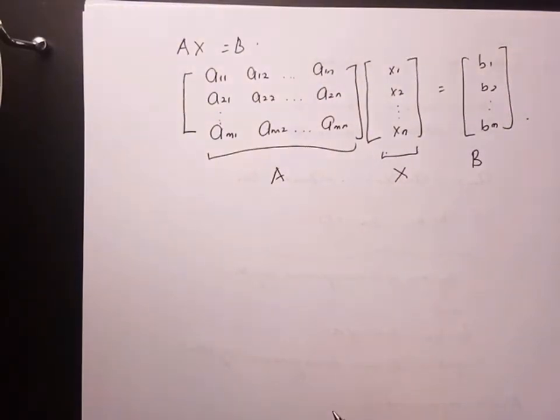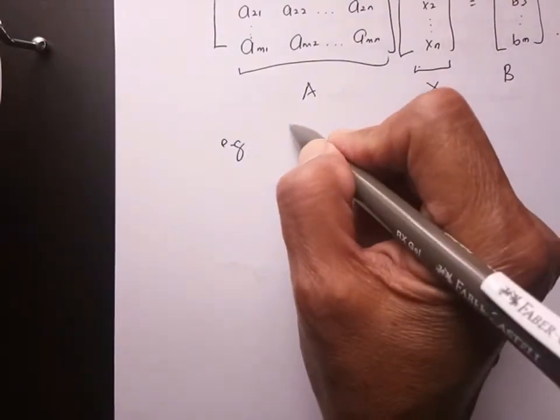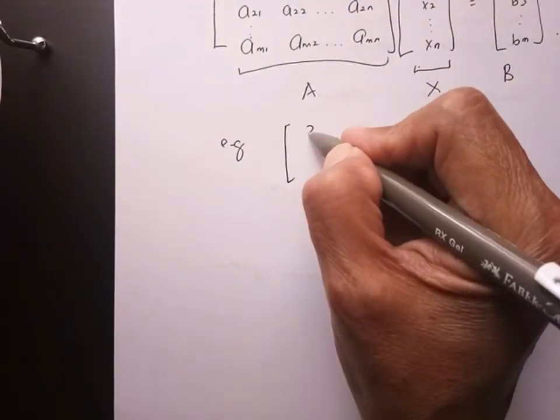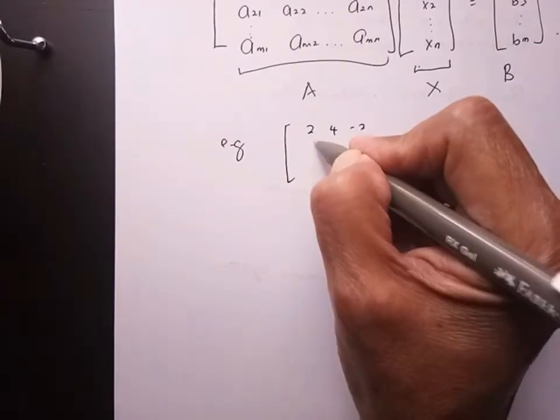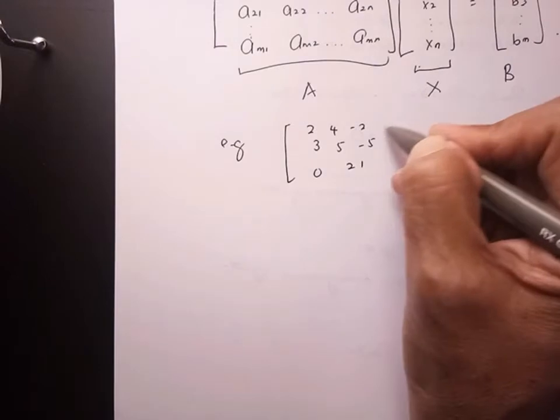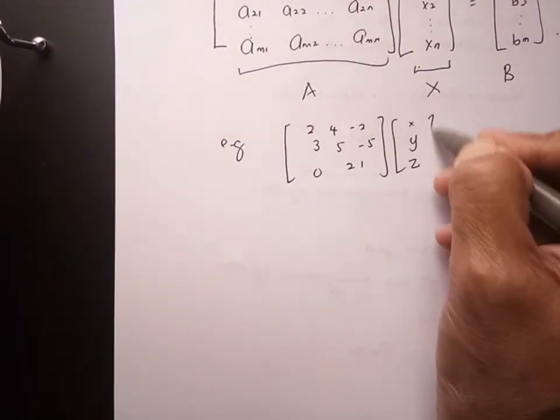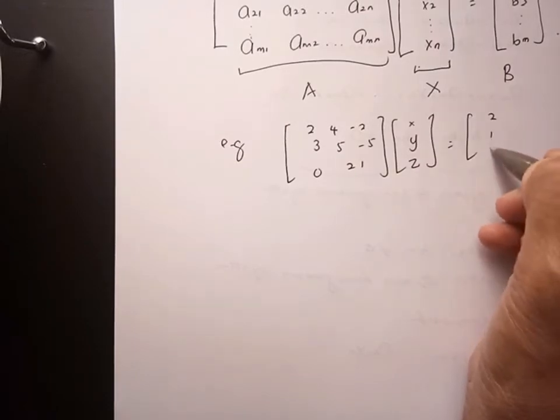Okay, example. Let's say we have 2, 4, minus 2, 3, 5, minus 5, 0, 2, 1. This is in the form of matrix representation equal to 2, 1, 2.